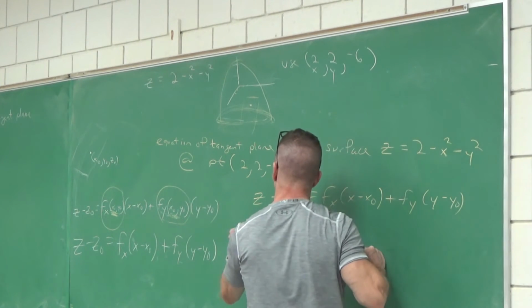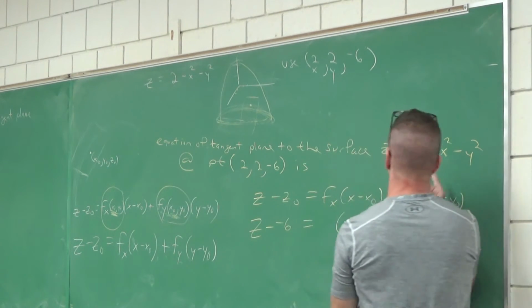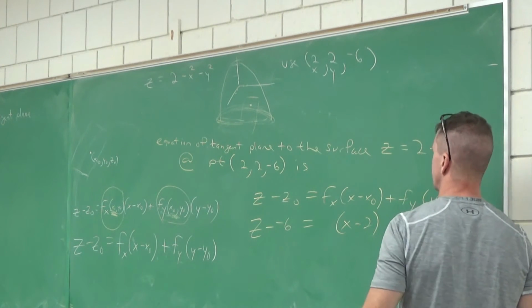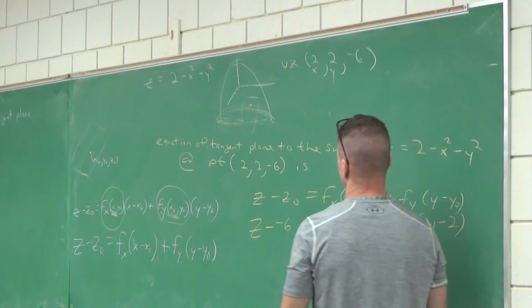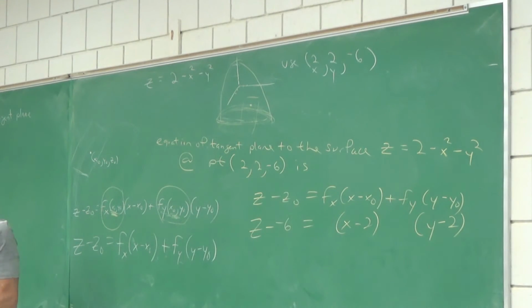What's that number? Negative 6. What's this number? 2. And what's this number? 2. But these are partial derivatives, aren't they? So now you have to look at that surface and find the partial derivative of f with respect to x, then plug in the values.